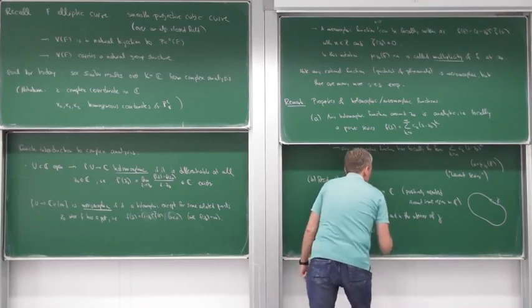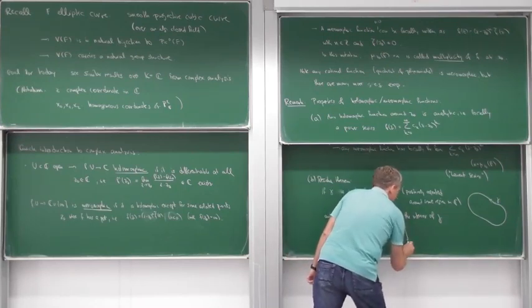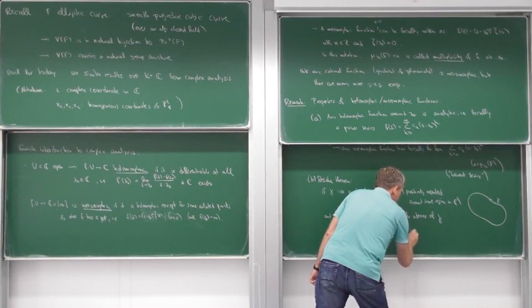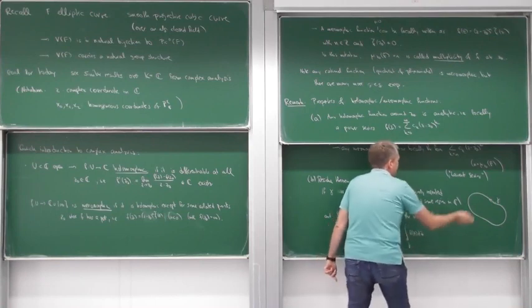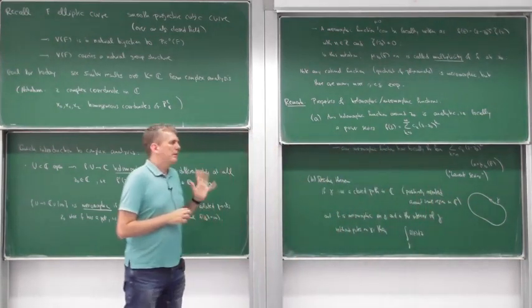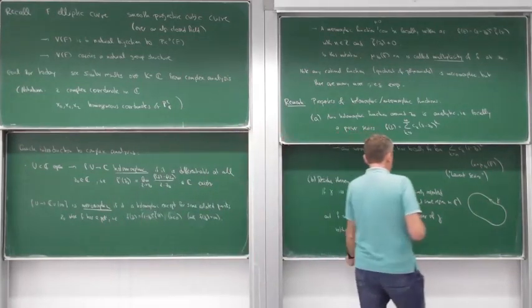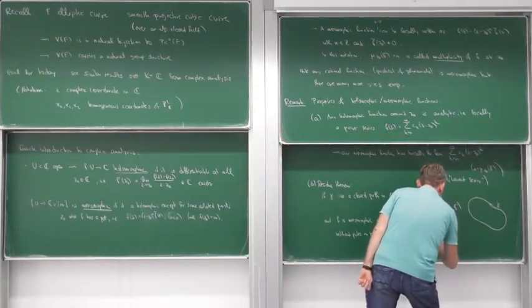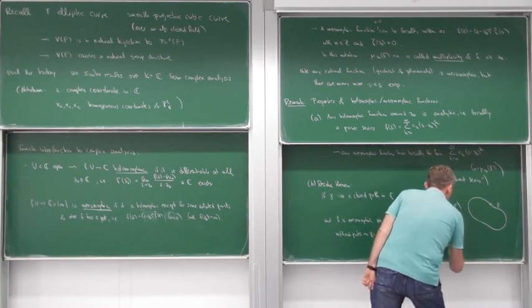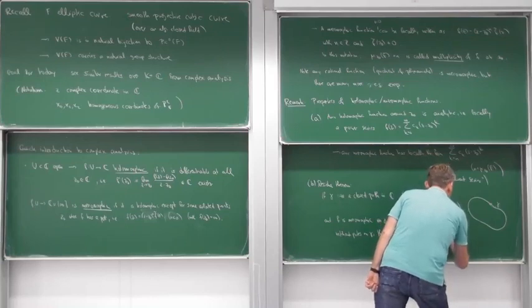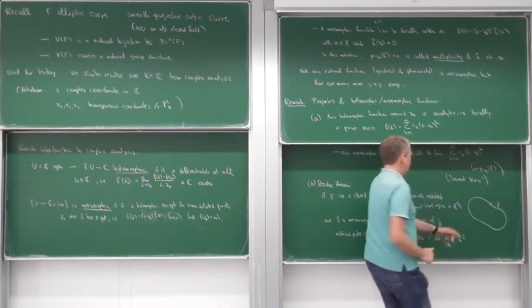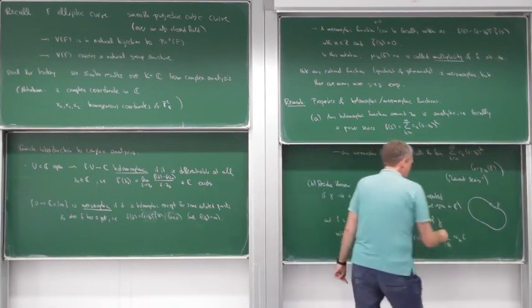Then if we compute the integral over this gamma of f(z) dz, so we integrate that function along a path, one can actually compute that without really computing any kind of integral, because the result is some constant factor, which is 2 pi i, times the sum over all points z0 in the interior of gamma of the so-called residue of f at z0, written res z0 of f.